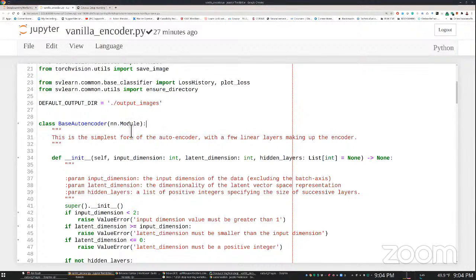So what it says is that a base autoencoder inherits from Module. The Module class in PyTorch is a functional, so it is both an object and a function. So if you know that there's a function called x, you can just call x on some input. So that is what is happening here.